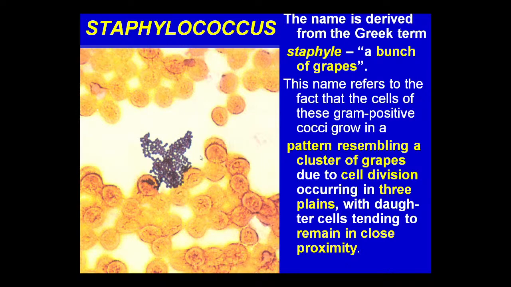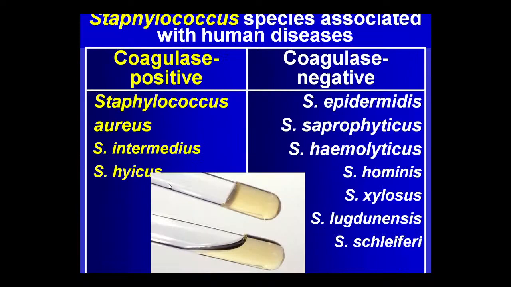And one more feature is that the daughter cells stay tightly attached, in close proximity, because they have special factors on the surface that lead to aggregation of the daughter cells.